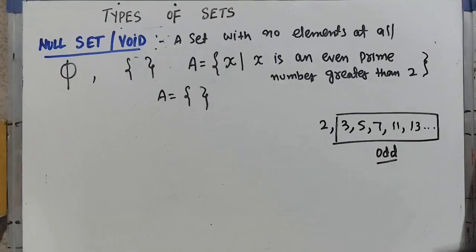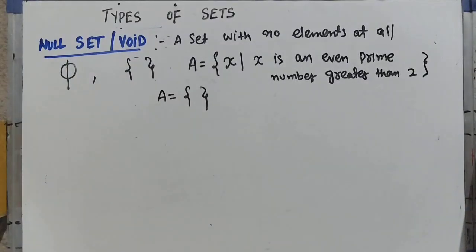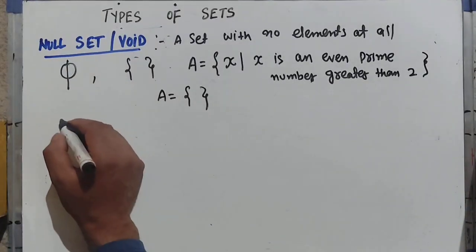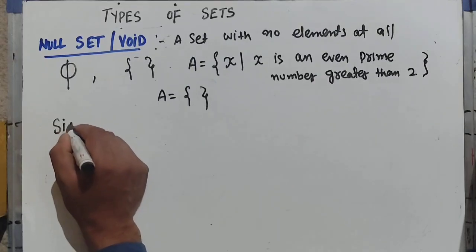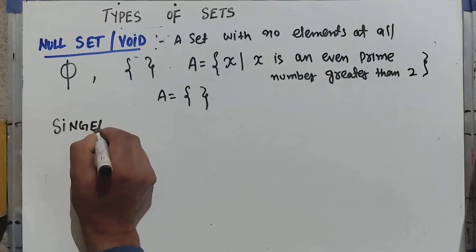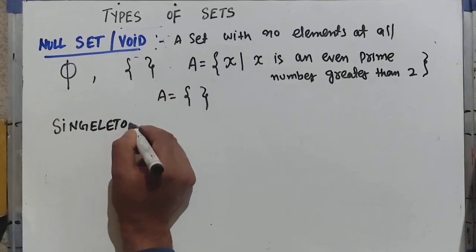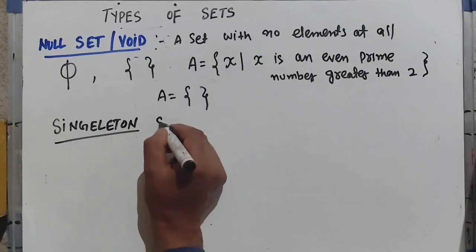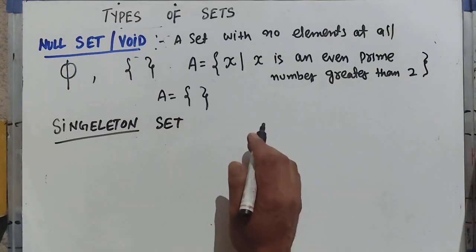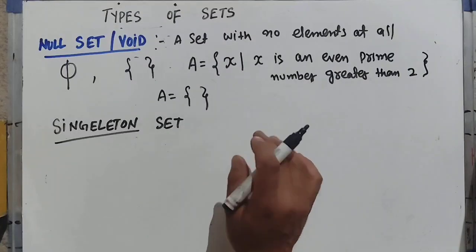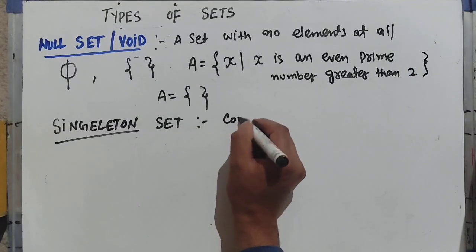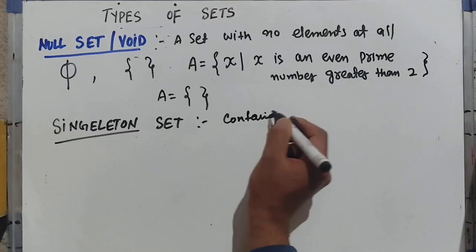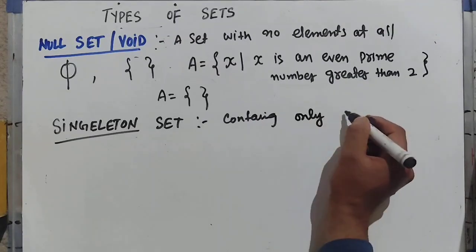Then let us take another type of set, which we call the singleton set. A set containing only one element is called a singleton set.